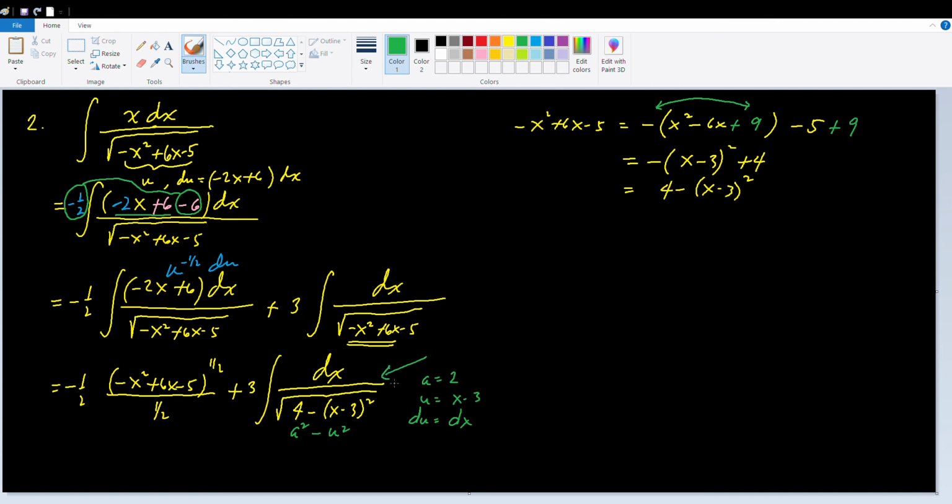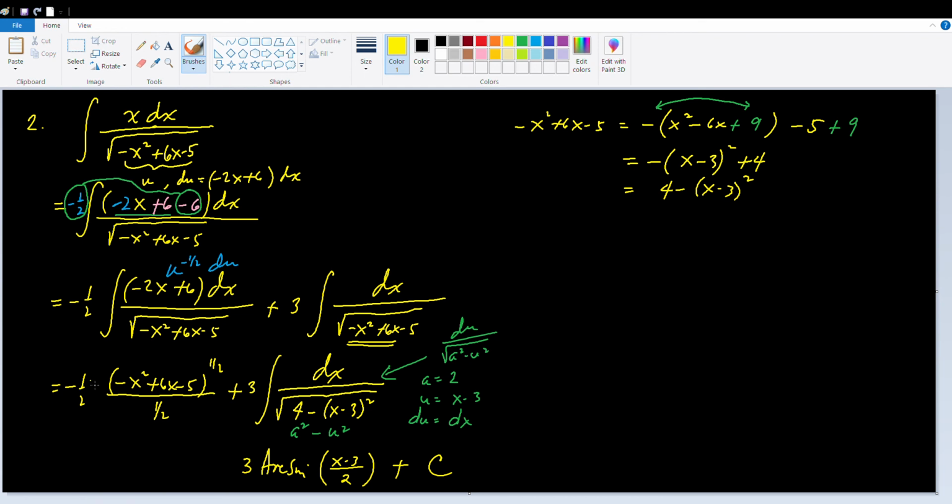So this now is complete in the form du all over the square root of a squared minus u squared, which is equal to 3 times arcsine of u, x minus 3 over a, which is 2, plus c.